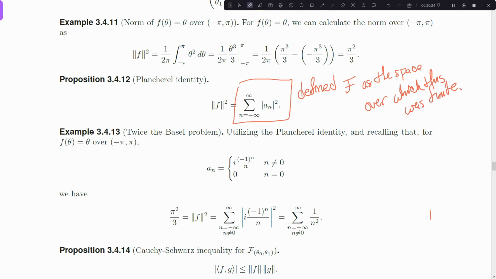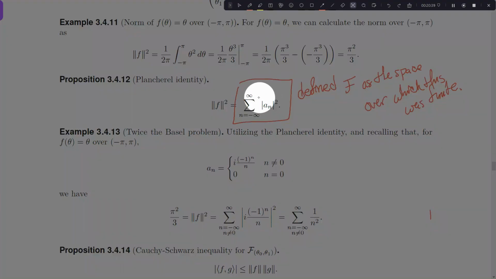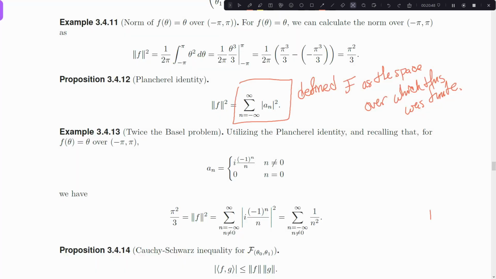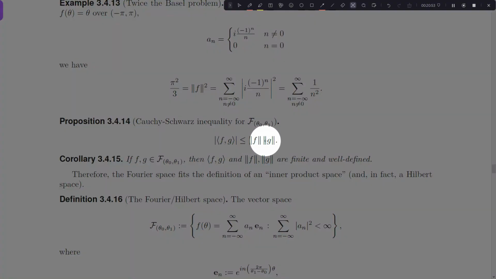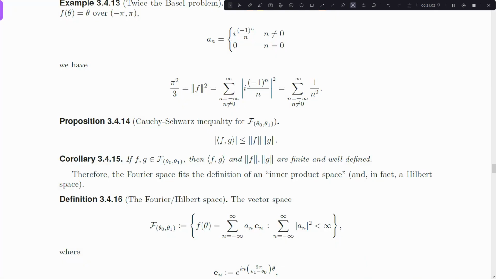So I defined it to be the functions with Fourier coefficients so that this sum was necessarily finite. Or in other words, the norm of my functions is necessarily finite. But the Cauchy-Schwarz inequality gives me that if the norms of my functions are finite, then their inner product must be less than or equal to the norms of the functions, and therefore my inner product is also always finite.